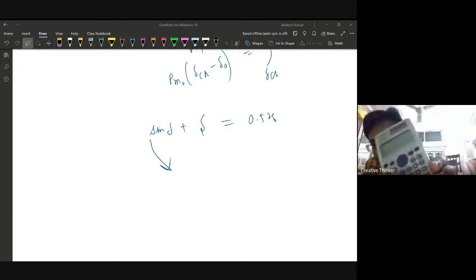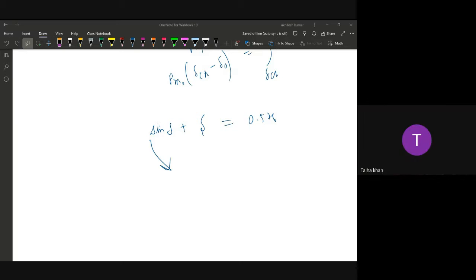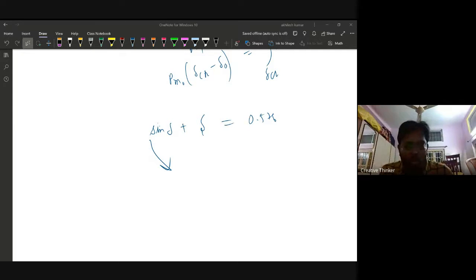Can you see this? It's actually this button. Can you see this button? Solve, sir. Yeah, solve. So how do you use this?